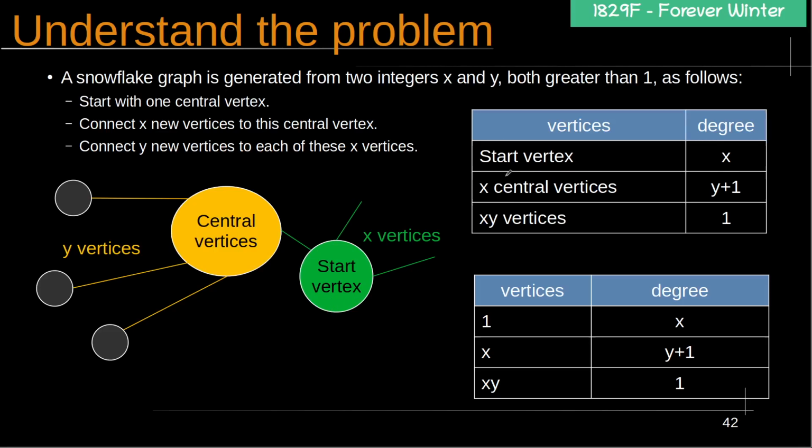And the center vertices now, how many center vertices do we have? We have x, which makes sense, because we have x edges here, and at each edge we connect another vertex in yellow. So we have x center vertices. The degree of each one is equal to y plus 1.